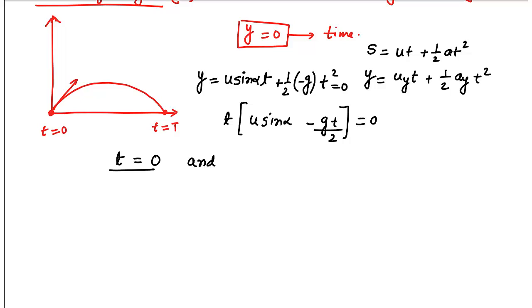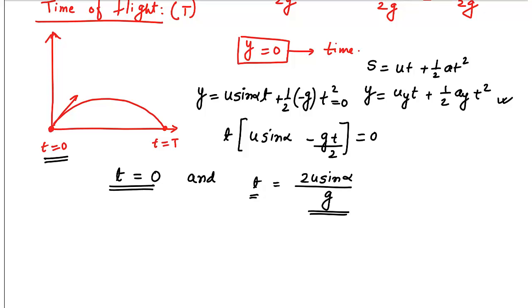Another is t = 2u sin α divided by g. So there are two roots of t, and this is obvious because this expression is quadratic in t. What this means is the y value is 0 at t = 0, and the y value is also 0 at this t, that is 2u sin α by g.